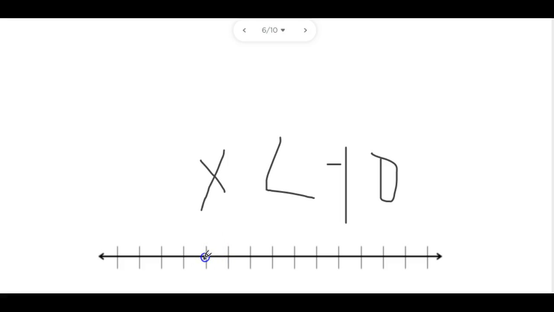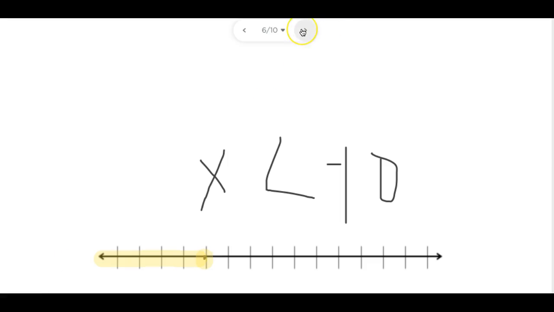So we got 10 right here. I'm going to use this to mark off my 10. And so we're saying that x is less than negative 10. That's going to be all the numbers going that direction.